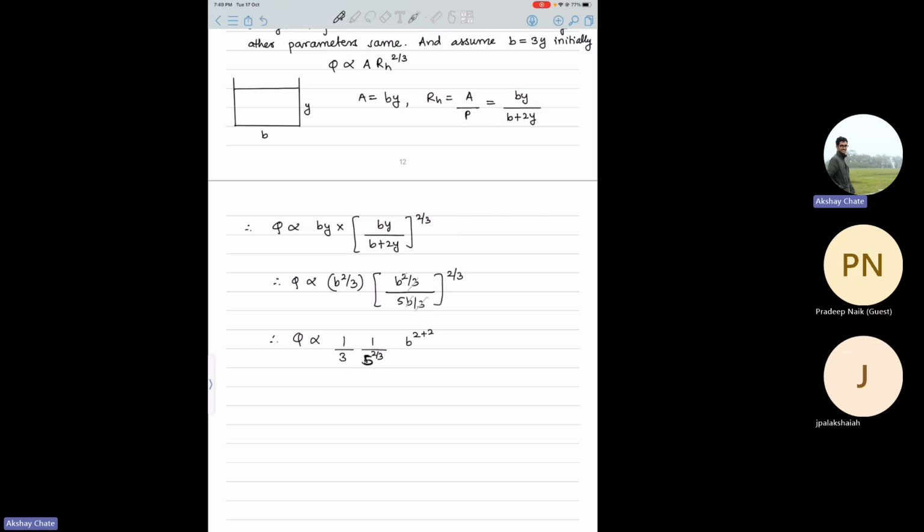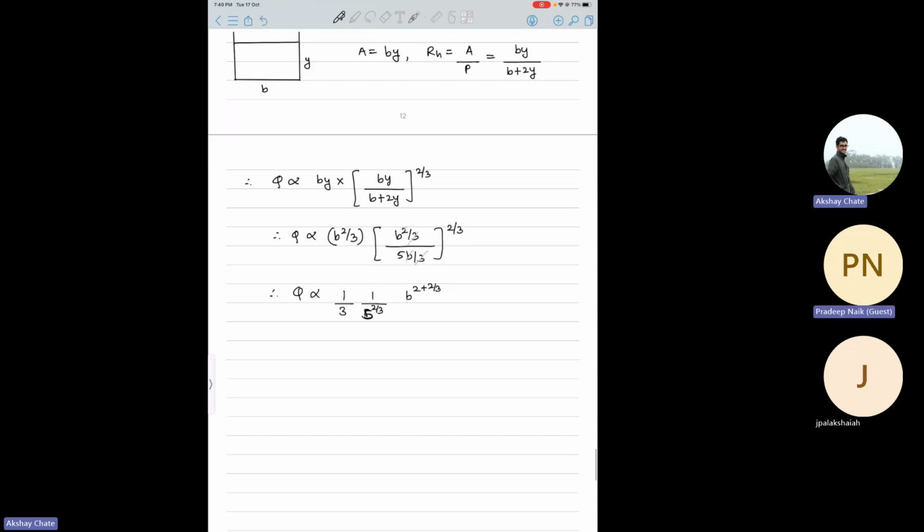So that will be 2 plus 2 by 3, that is nothing but 8 by 3. So basically Q is nothing but proportional to the channel width power 8 by 3.